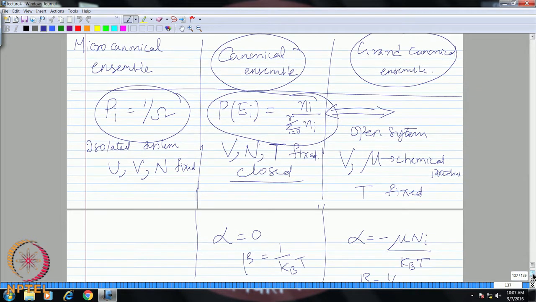These are the two most common ensembles, and we fit the systems with phonons, molecules and photons to the canonical ensemble, and the electrons are usually assigned to the grand canonical ensemble.